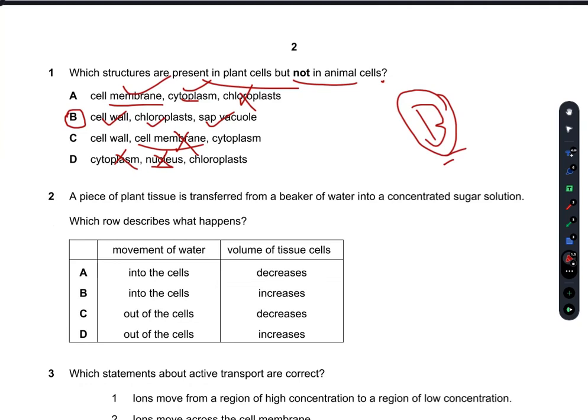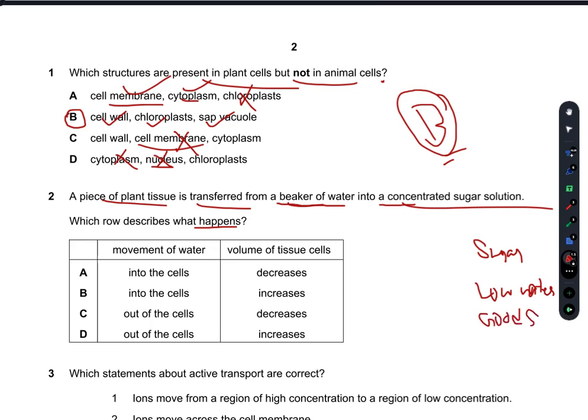A piece of plant tissue is transferred from a beaker of water into a concentrated sugar solution. Which row describes what happens? The plant tissue is transferred from a beaker of water to a concentrated sugar solution, which has low water and a good amount of sugar.